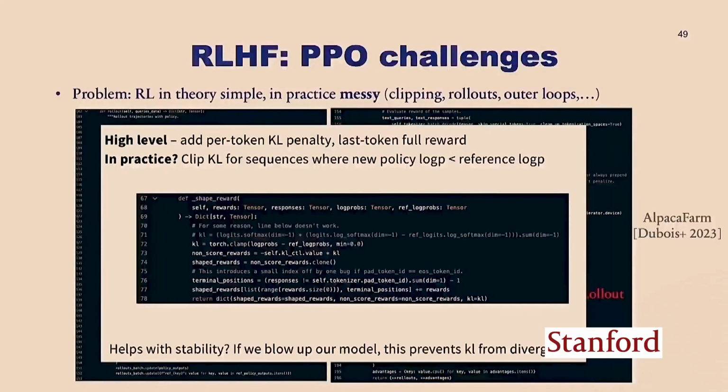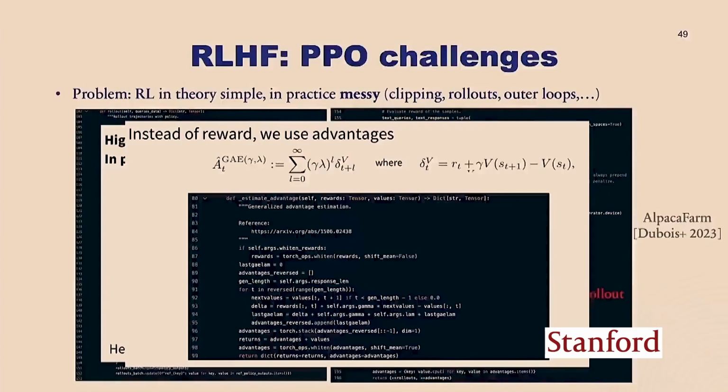So we have one implementation of it that we had to do, and I'm not going to go through it. But basically, you have so much stuff that you have to think about when you implement that type of PPO algorithm. So you have clipping everywhere, you have a lot of complexities, and things are not well documented. All this to say, there was a new method that was proposed also from Stanford 1 year ago called DPO, which is essentially a simplification of PPO.